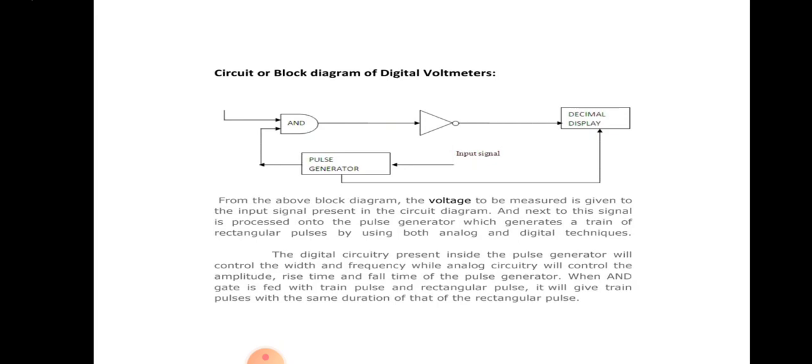Now when the AND gate is fed with a train of pulses and a rectangular pulse, it will give a train of pulses with the same duration as that of the rectangular pulses. Now these train pulses and rectangular pulses are generated here, and they will give rise to a new type of signal which is also of the same duration.